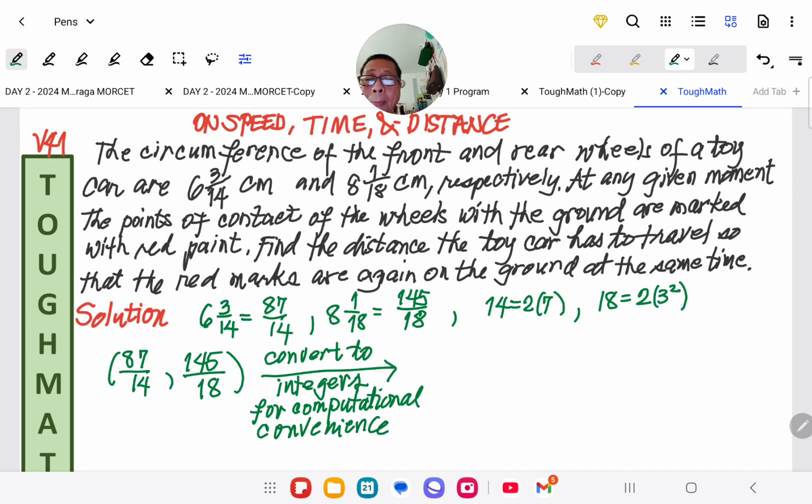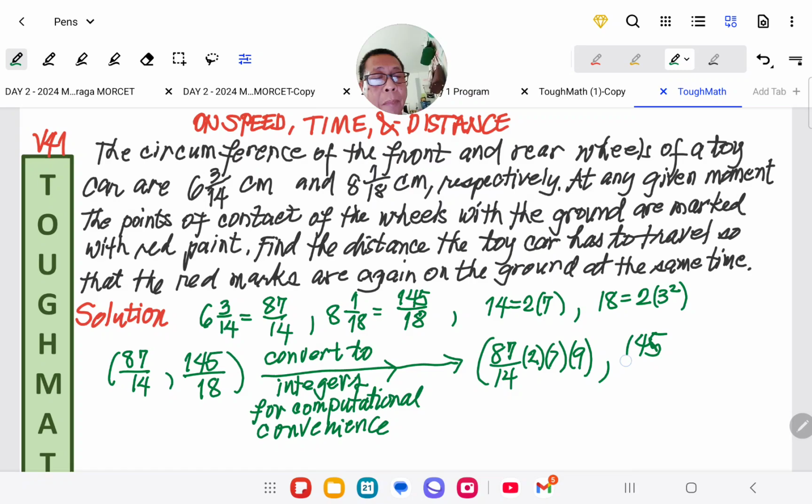And how do we convert these to integers? Well, of course, we get rid of the denominators, 14 and 18. So we multiply 87 over 14 by 2, 7, and 9, and 145 over 18 by the same product of factors, 7 times 9.